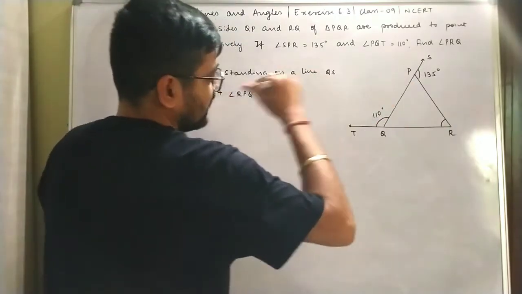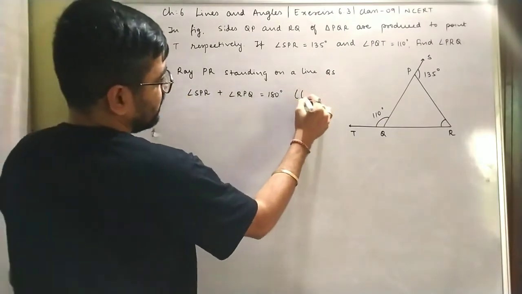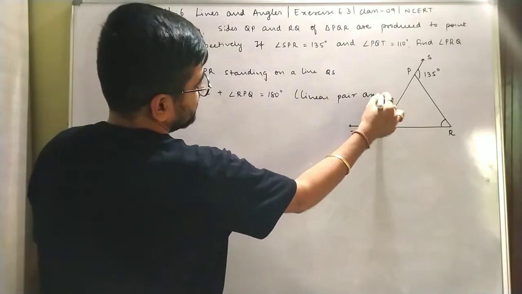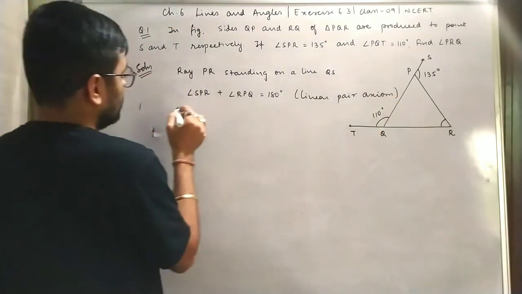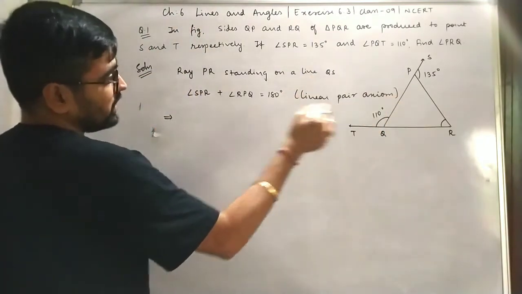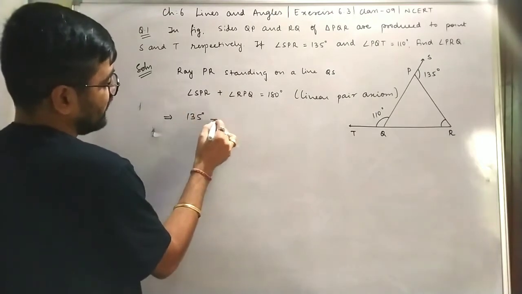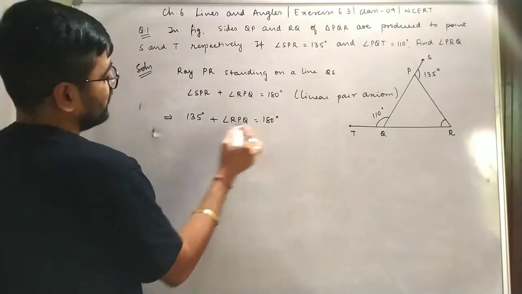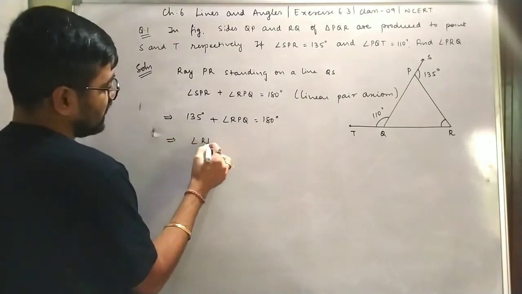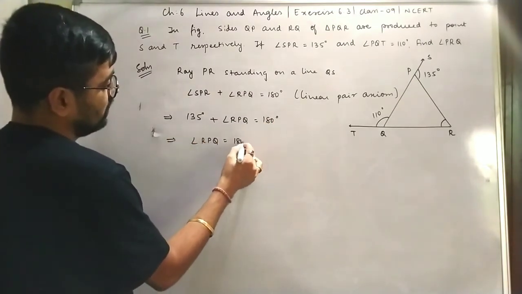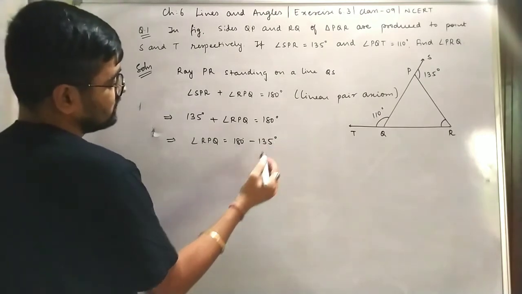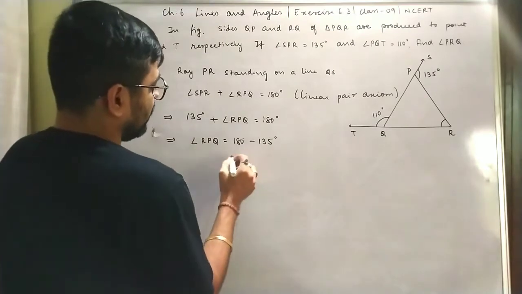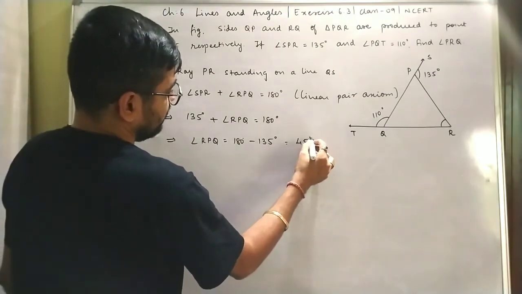So PR is the ray standing on it, so the linear pair axiom will apply, correct, and according to that we can easily apply the property. So I know angle SPR is 135 degrees. Angle RPQ, which I am interested in finding right now, is 180 minus 135. So 135 from 180, 40 and 45. This will be 45 degrees.